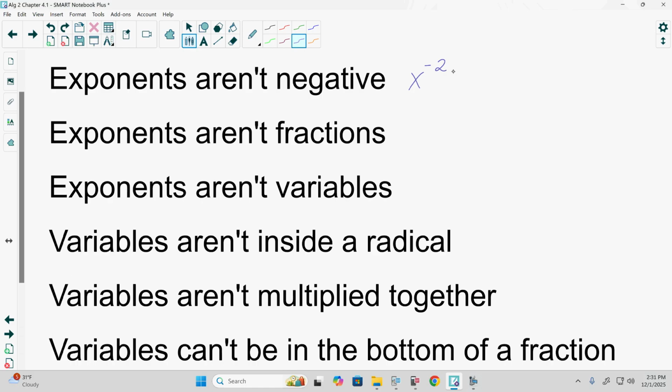Our second one: exponents aren't fractions attached to variables. We can't have x to the 1/2, x to the 1/4, x to the 1/3, x to the 7/9. 2 to the 7/9, that's fine. Variables cannot have fractional exponents.